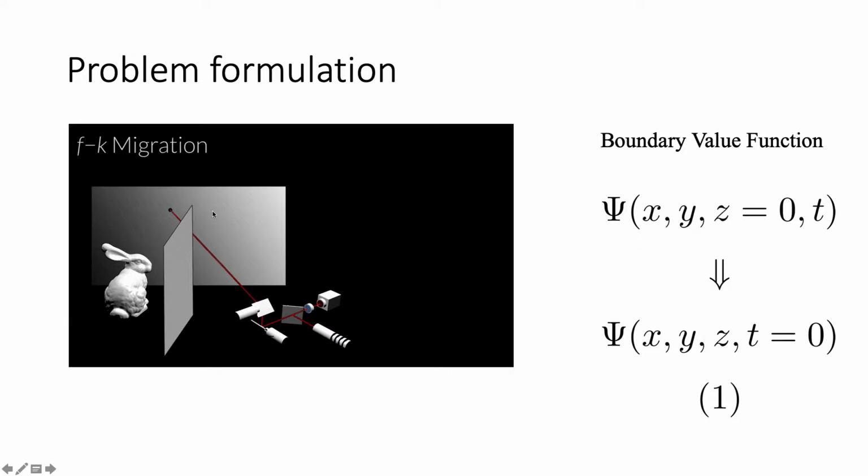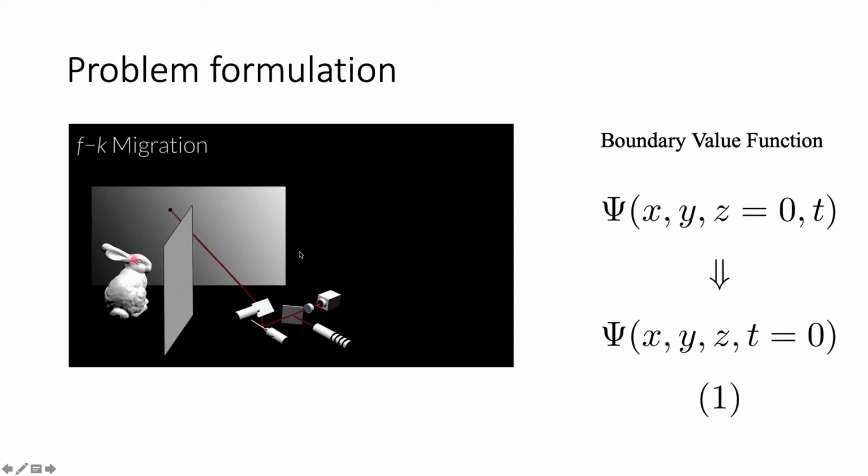Assume that this surface is planar and located at z equals 0 for the moment. Therefore, we can directly access certain properties of psi(x, y, 0, t) with the imaging system. Here, psi(x, y, z, t) represents the electromagnetic radiation at every point in space x, y, z, and time t.